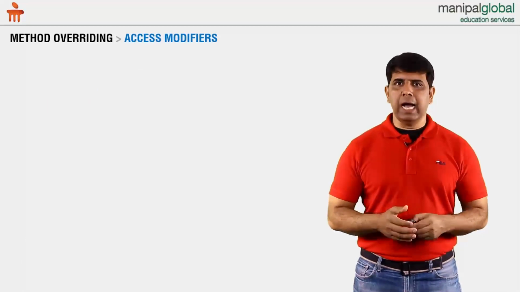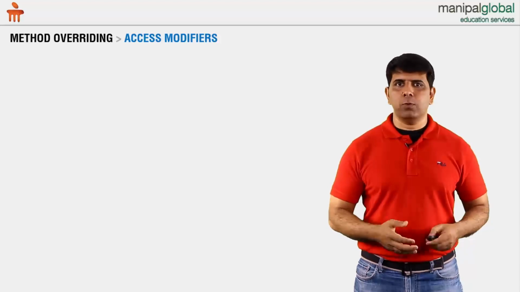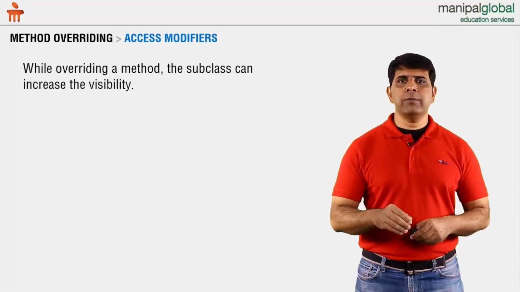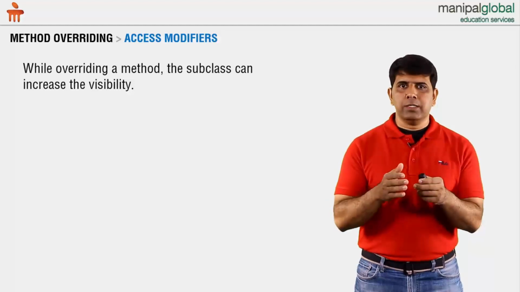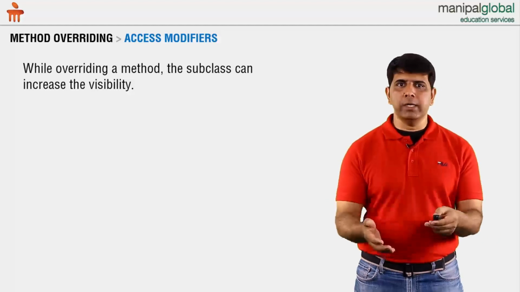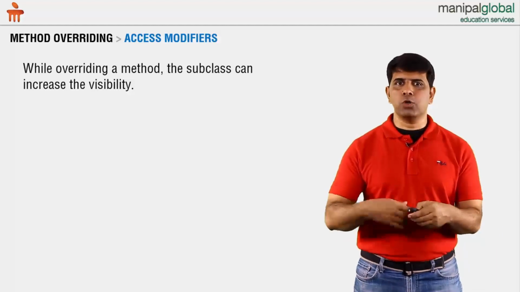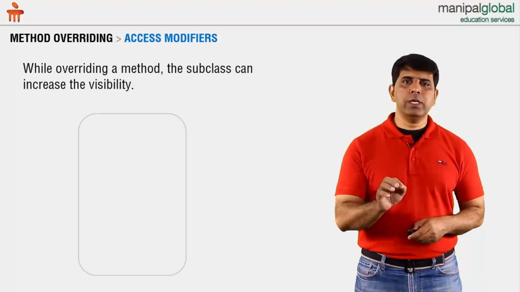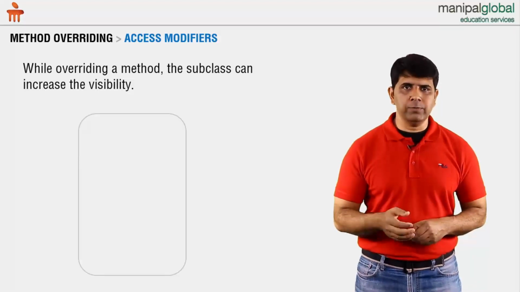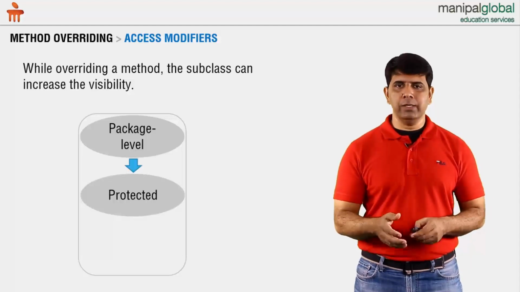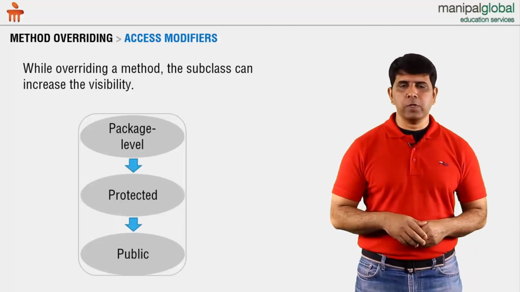Now let's look at access modifiers in the case of overriding. While overriding, you always have to take care that the visibility is increased or widened. Access becomes stronger and stronger, and that's what you have to ensure. There are three modifiers that we generally take care of: package level, protected, and public.